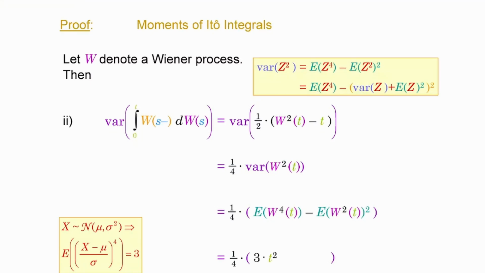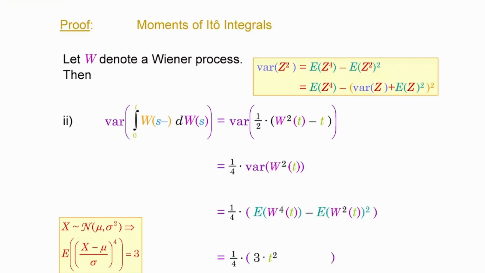That is consistent with the fourth moment. Because the variance is equal to t, its square is t squared, and that is the fourth centralized moment. That is what the normal distribution would yield.